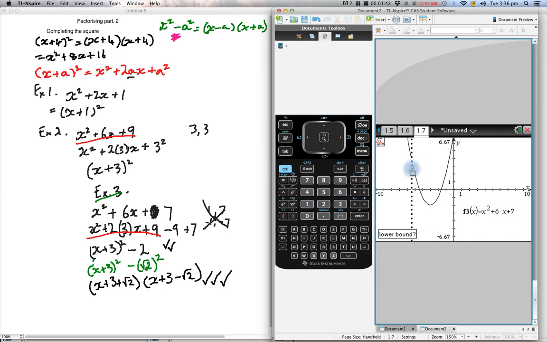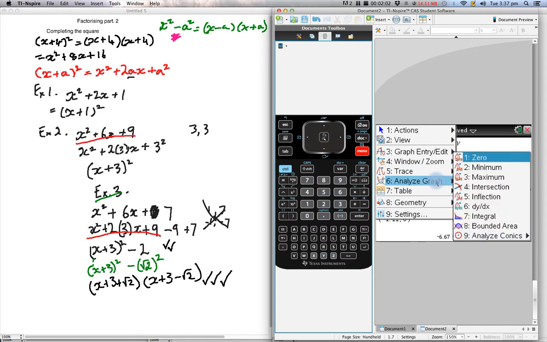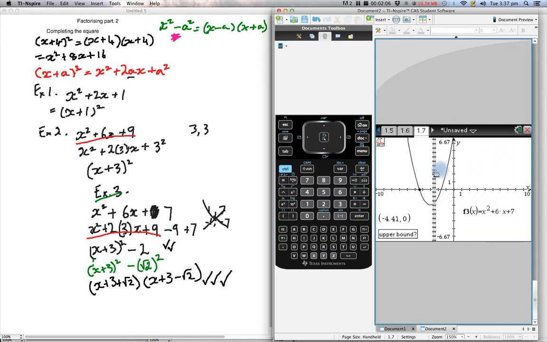So put something that's lower than this intercept. If I put it here, that's higher than the intercept, so it won't show me. And an upper bound, well, let's do this one here. So here is our first intercept, minus 4.14. And we can repeat that same process again to find the other intercept if we want to. Lower bound, upper bound, and there's our other one right there.